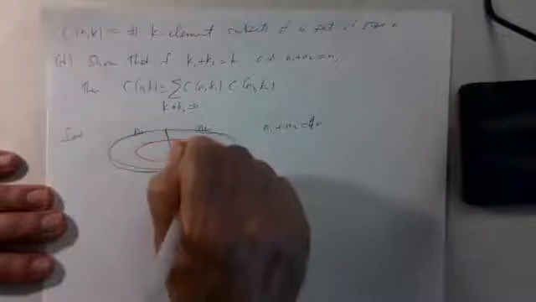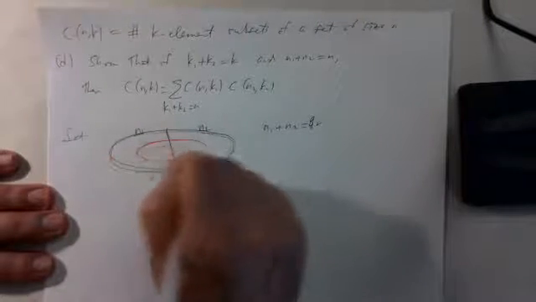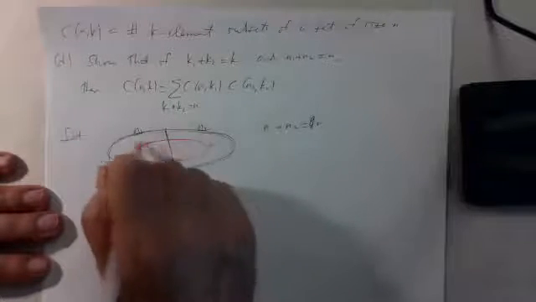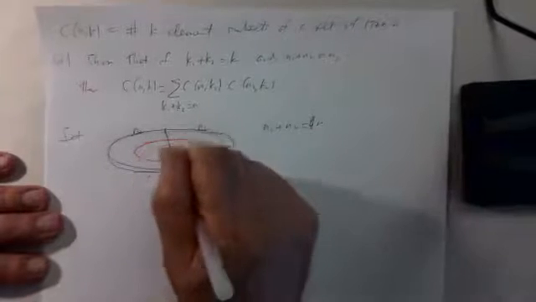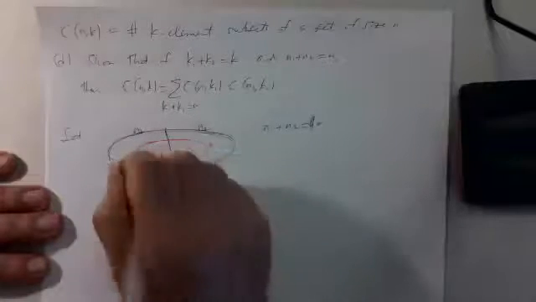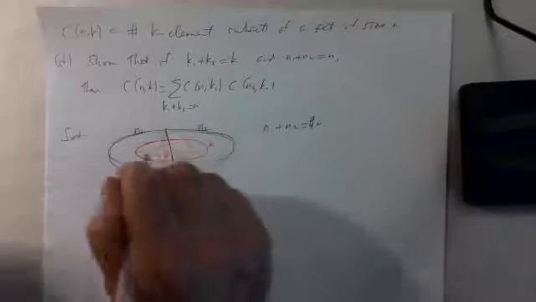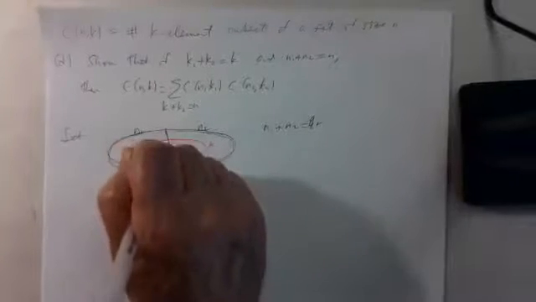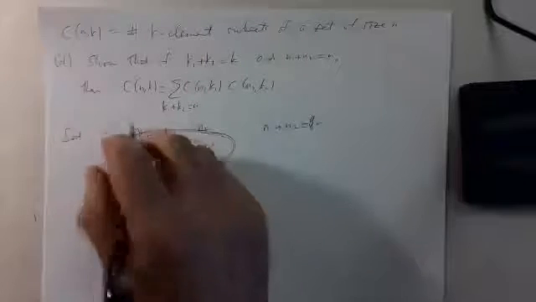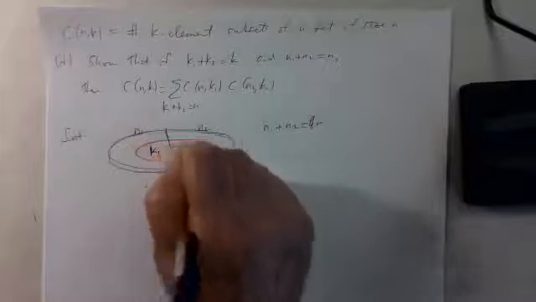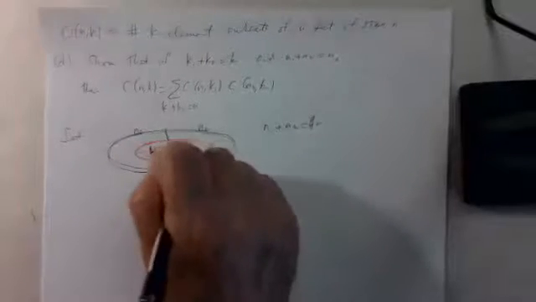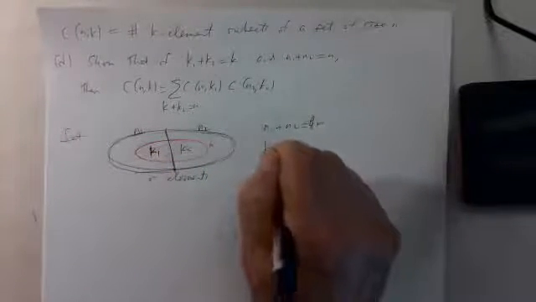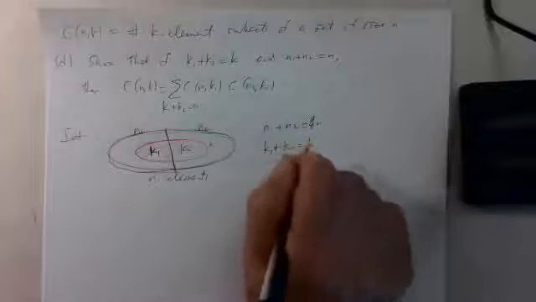So this is my set in red, and it has k elements. And some of those elements are over here, and some of those elements are over here. So if the number of elements in the left side is k1, and the number of elements in the right side is k2, then k1 plus k2 is equal to k.